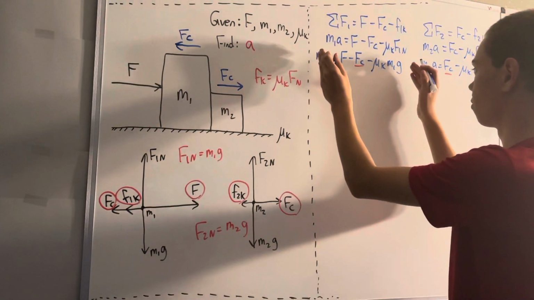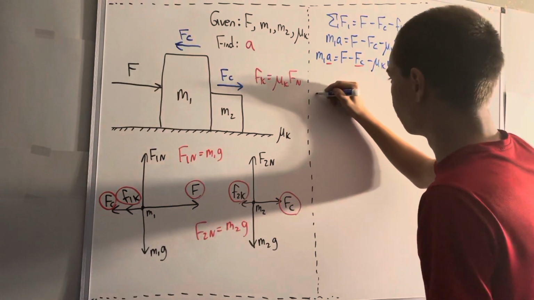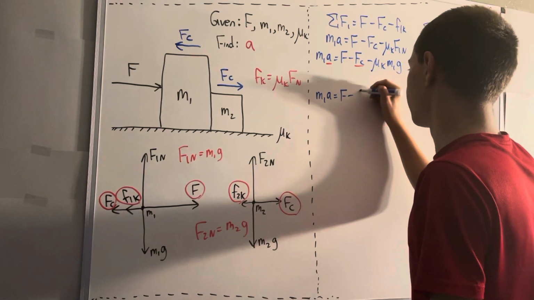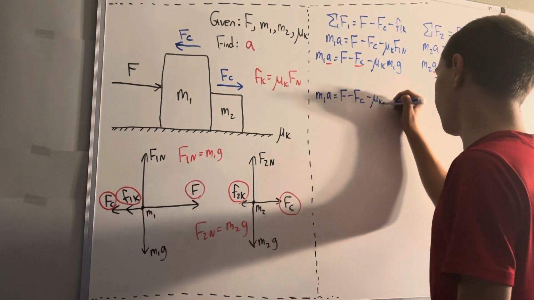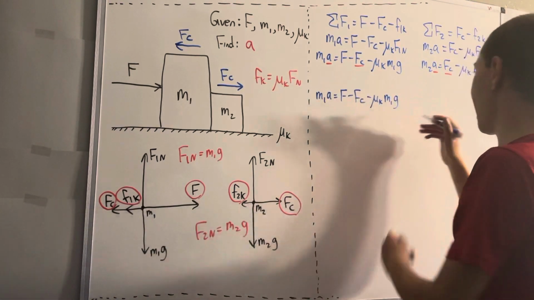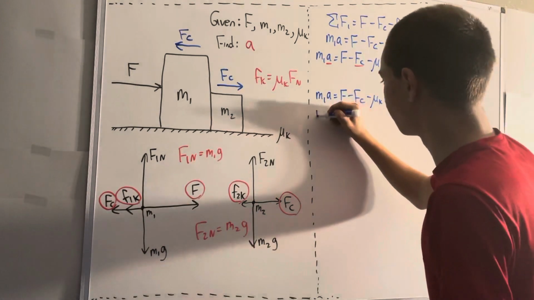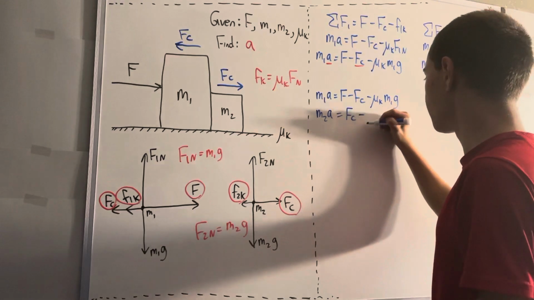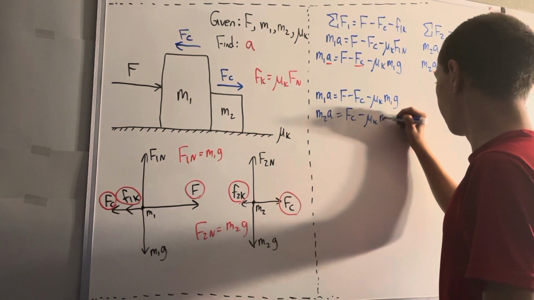So we're going to rewrite this equation: m1a equals F minus Fc minus mu k m1g, and we're going to add it to this equation: m2a equals Fc minus mu k m2g.